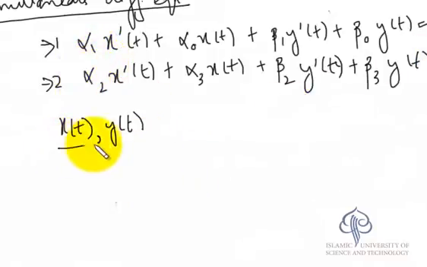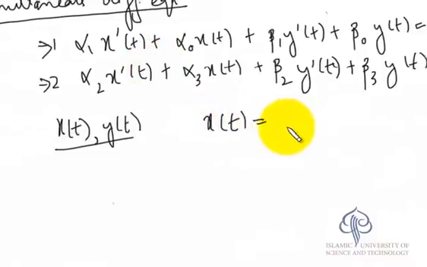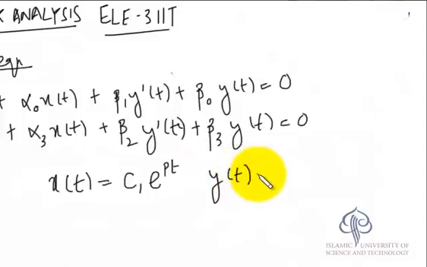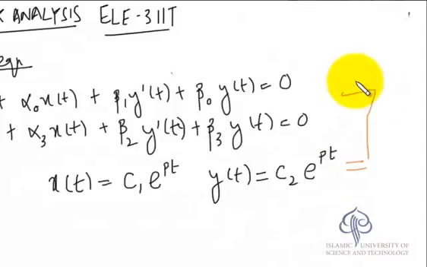So again, the way to solve this is similar. You're going to assume a specific form. Let us say x(t) is given by c1 e to the power pt, and y(t) has a form given by c2 e to the power pt, and let us substitute these two in the original set of equations that we have. So what do we get?